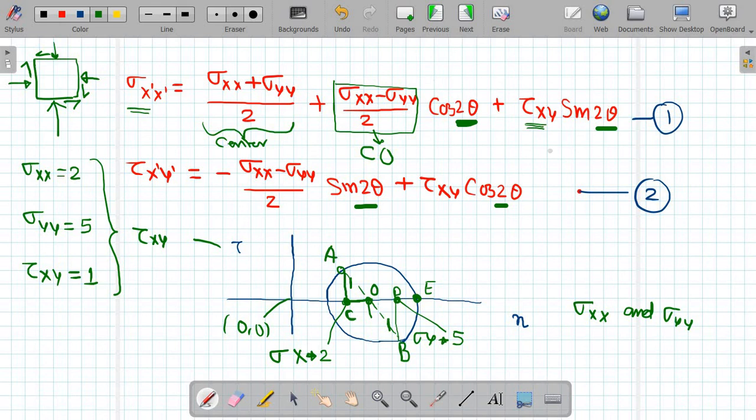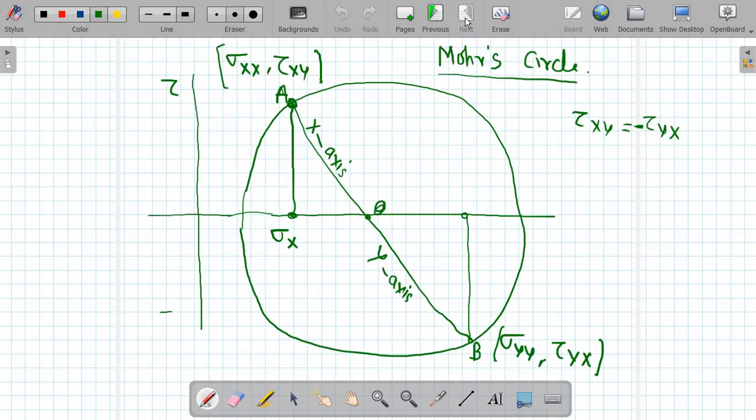So, if you look at this expression, if I consider that this is 2 theta, and I am moving from x axis to x dash axis by 2 theta in a clockwise direction, then this point which is intersecting the circle is nothing but x dash and shear x dash y dash, and this will be the y.